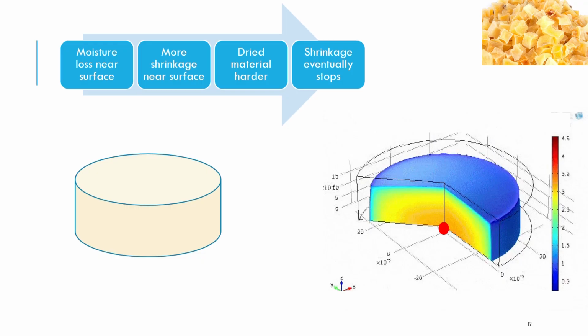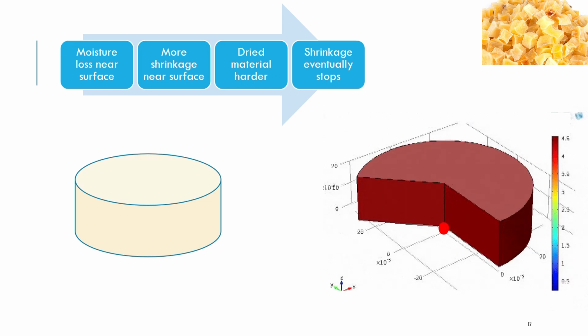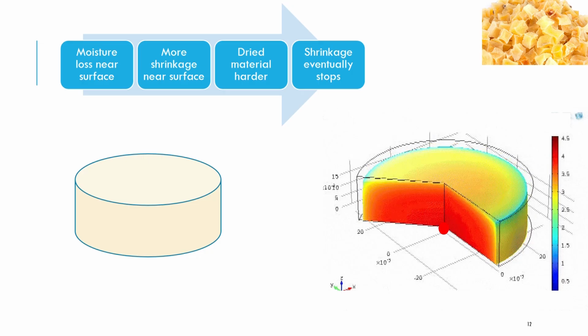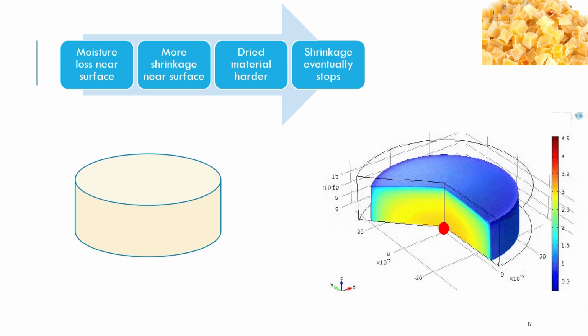The shrinkage that you see, the different rates, initially higher and then slowing down, we did not input this from experiment or something else. Our physics framework allows us to calculate shrinkage from moisture loss and the mechanics that we discussed earlier.